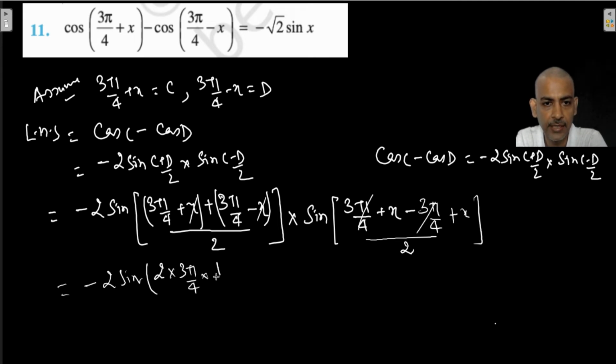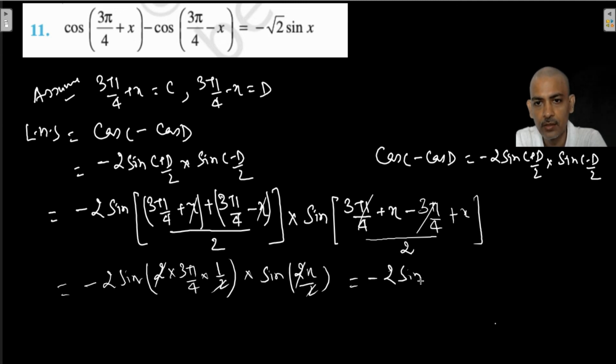So I am writing it 1 by 2. Similarly on this side I am writing sine of, this is 1x, there is 1x, so there is 2x over here, 2x divided by 2. So 2 cancels out, 2 cancel out. So we are left with minus 2 of sine of 3 pi by 4, alright, into sine of x.